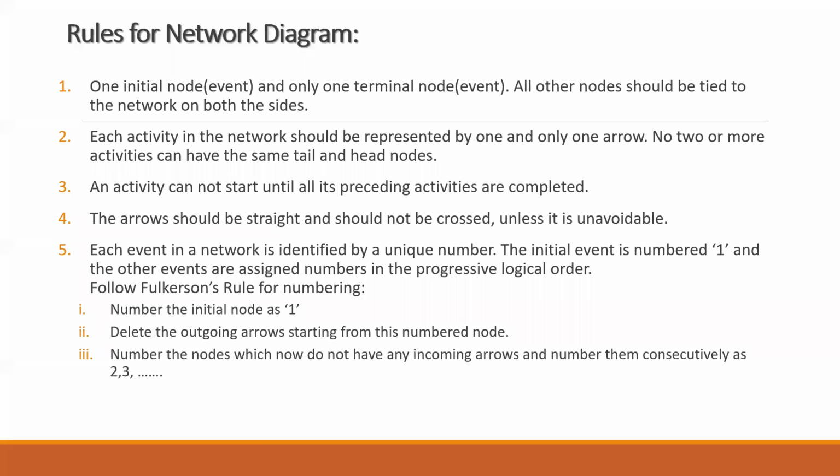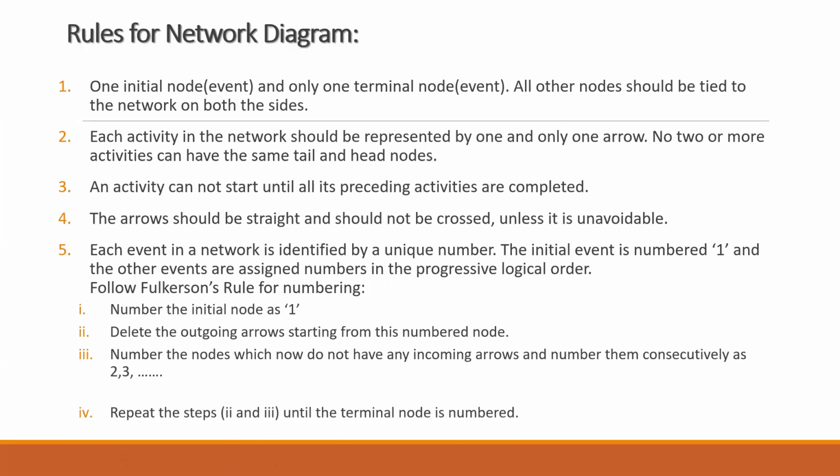Clear? And the numbers, as I told you, have to be given consecutively. The progressive logical order should be followed, like 1, 2, 3, 4, and so on. Do not have a reverse arrow, like we go in a circle and come backwards. Coming backwards is not suggested when you're drawing your network diagram.